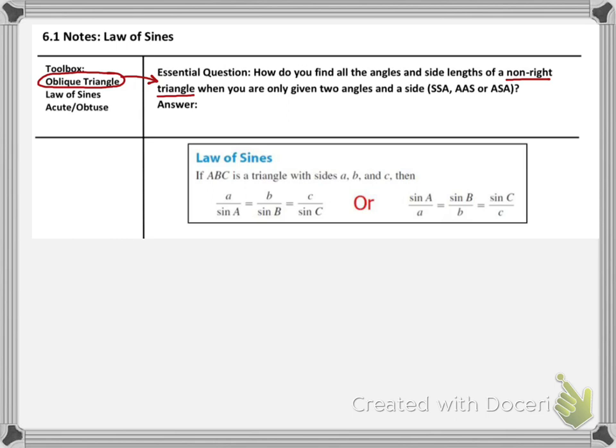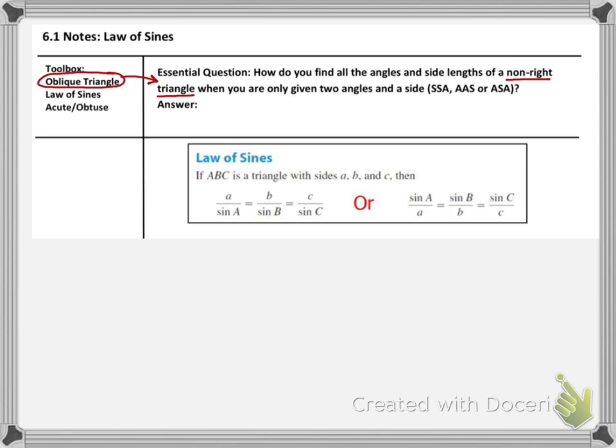So the examples we're going to be working today involve non-right triangles. Therefore, we cannot use formulas such as sine equals opposite over hypotenuse and cosine equals adjacent over hypotenuse. And we cannot use Pythagorean theorem because all those types of formulas that we were using last semester were specifically used to solve right triangles.